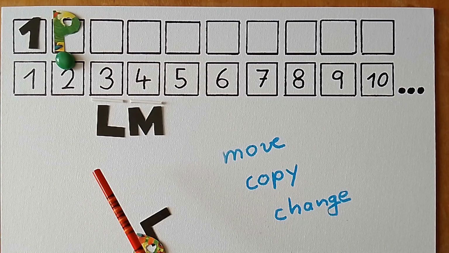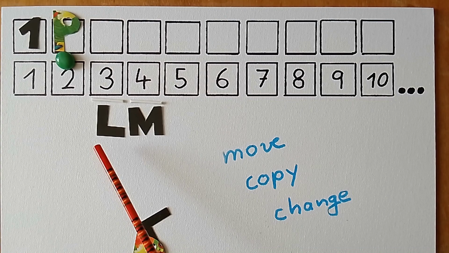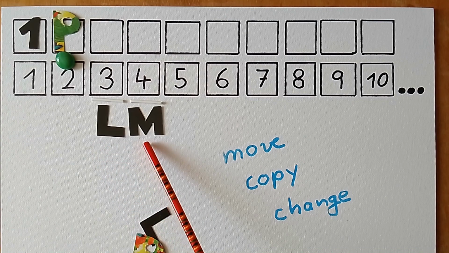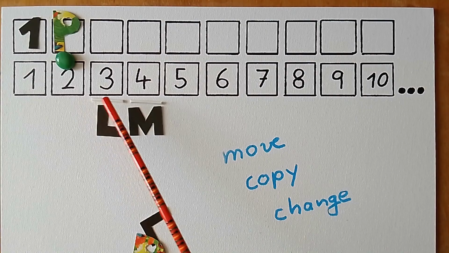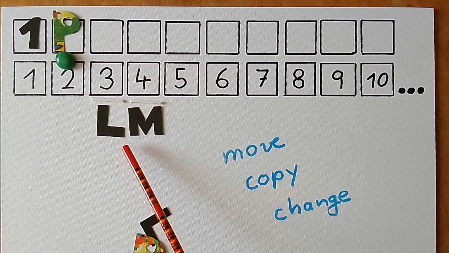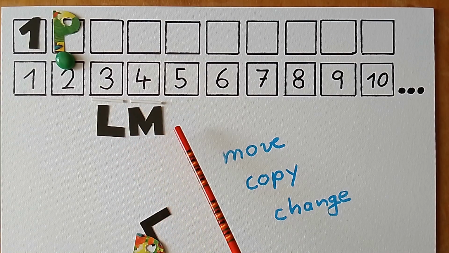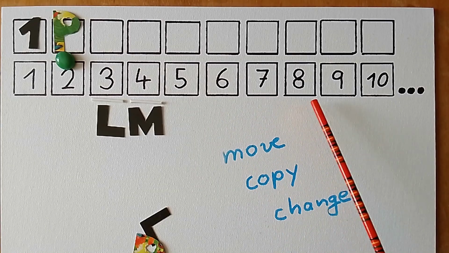From here on, the pattern LM repeats itself. That's why the period sign's up there. LM, LM, LM, and so on to infinity.